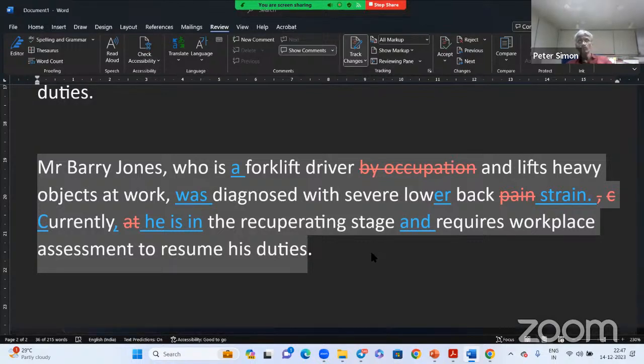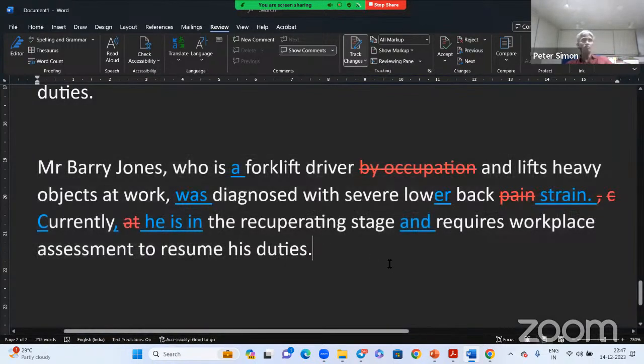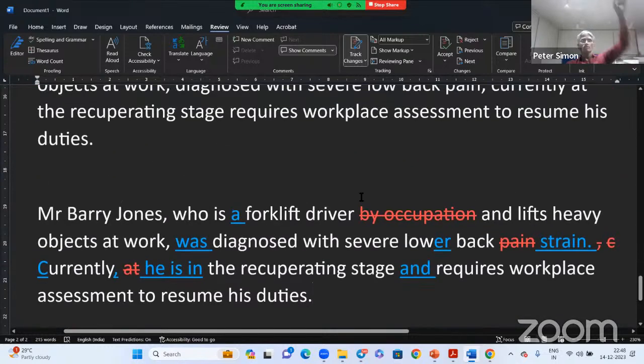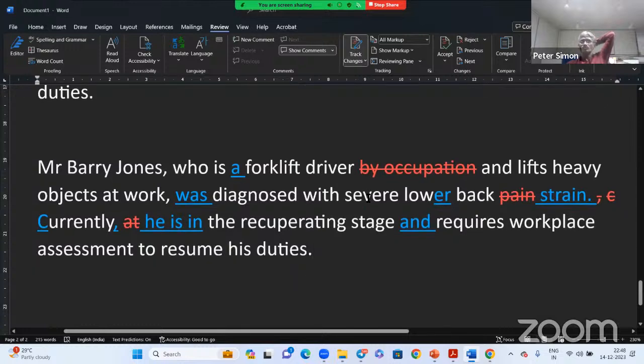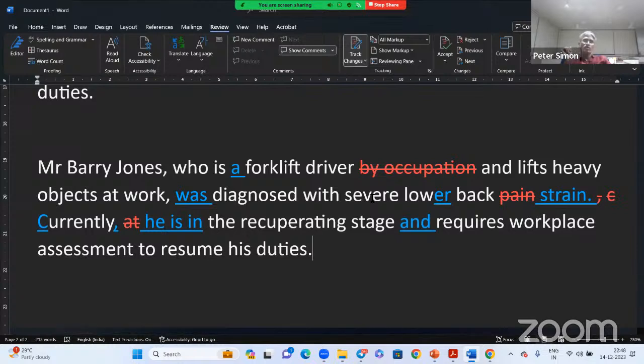Fine. So there are more things which you have missed actually. Next, Mr. Barry Jones, who is a forklift driver and lifts heavy objects at work, was diagnosed with severe lower back strain. Currently, he is in the recuperating stage and requires workplace assessment to resume his duties. Very good.